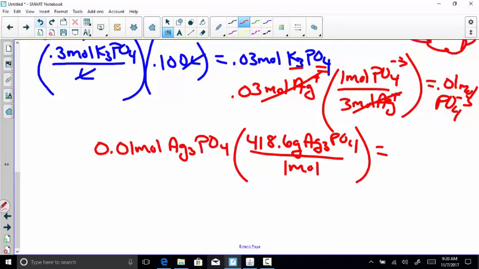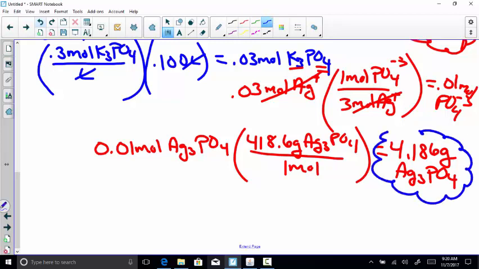So that gives me 4.186 grams of Ag3PO4. Okay, so this right here is the mass of the precipitate. So that would be letter D.